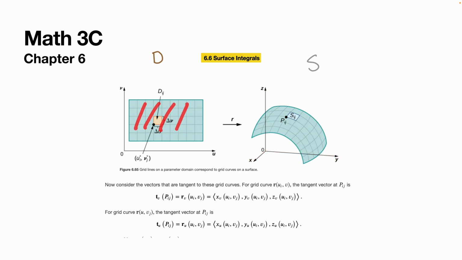All these points get mapped under r into all these points. Points in 2 dimensions get mapped into 3 dimensions. All right.